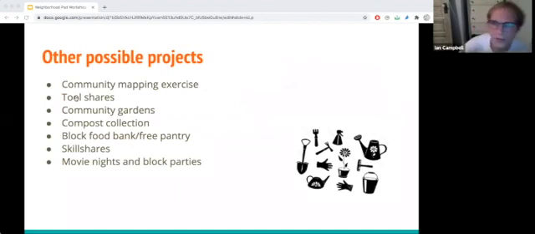As far as some other possible projects, I'll just speak about one real quick. Community mapping exercises are potentially a really great icebreaker in your neighborhood. That would be collaboratively mapping out what's important, what people care about, and what places or structures make your neighborhood special.